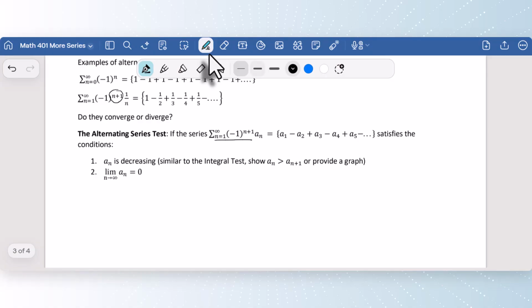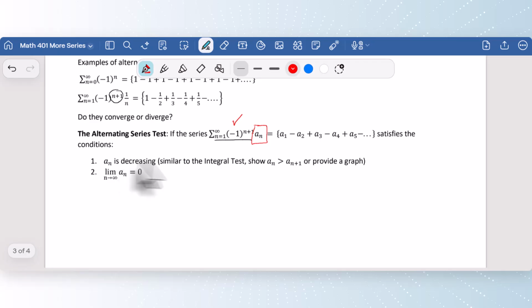Notice that when we talk about a_n here, we're talking about the part outside of the sign. The sign, the (-1) to the whatever that is, just helps us identify it as an alternating series. Now that I know that's alternating, I'm going to focus on the a_n and then check if that portion satisfies these two conditions.